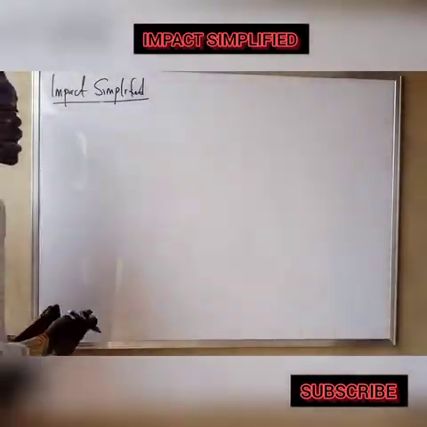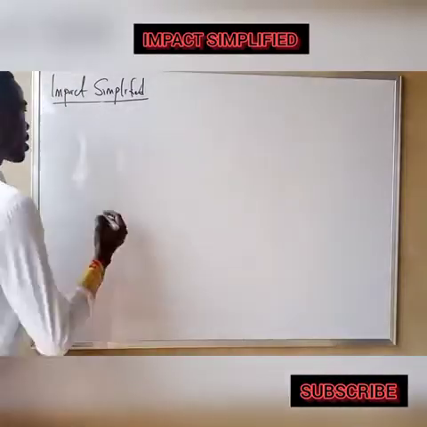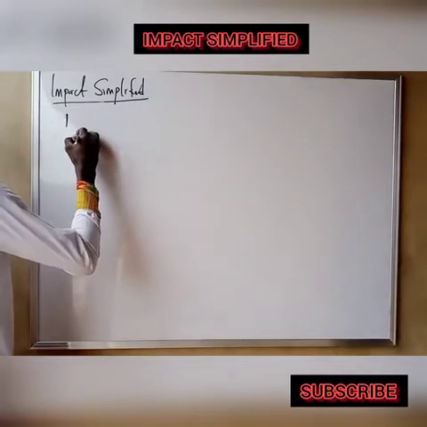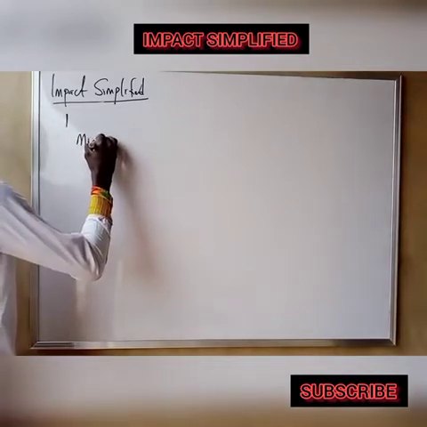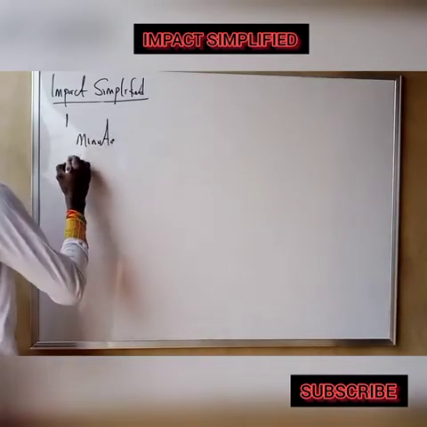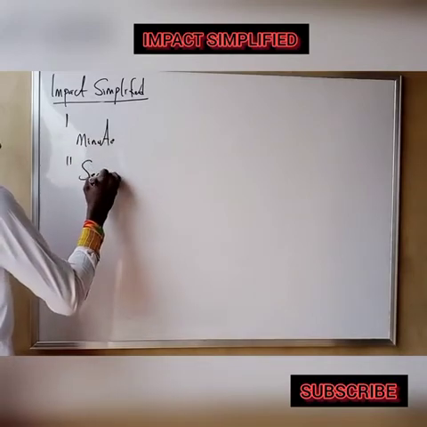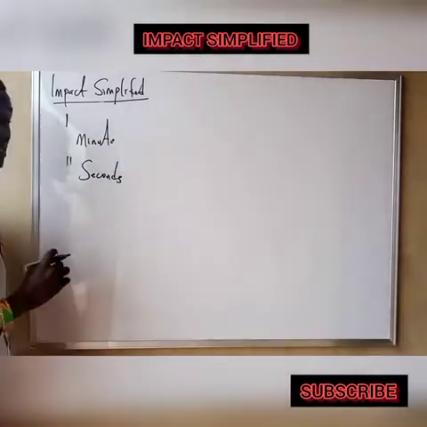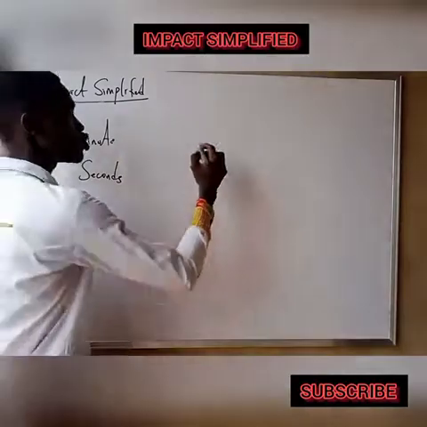So let's start with the first two, the conversion of angles to minutes and seconds and vice versa. We need to know that a single prime stands for minutes and a double prime stands for seconds.